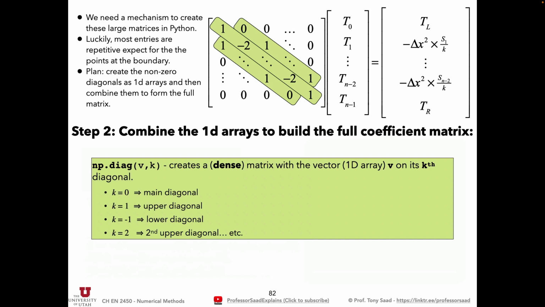It is assigned an index 0, and first upper is 1, first lower is -1, and so on. So what we are going to do here, we're going to create the main diagonal, use np.diag and place it at k equals 0. We're going to do the same for the first upper, place it at k equal 1, and first lower, place it at k equals -1.